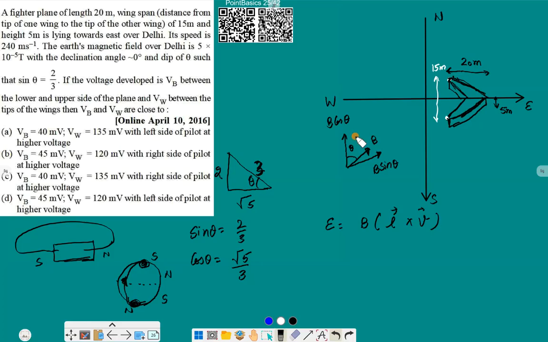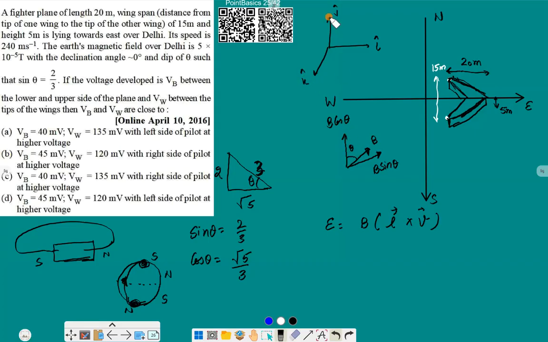Let me clear it again, this B cos theta component of the magnetic field. Now if I make directions here, that will be easier. Suppose these are our coordinate directions, i, j, and k.